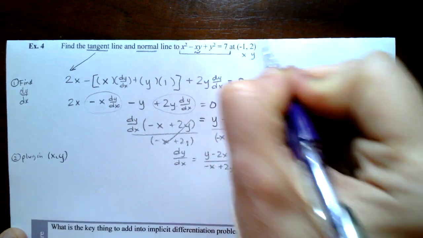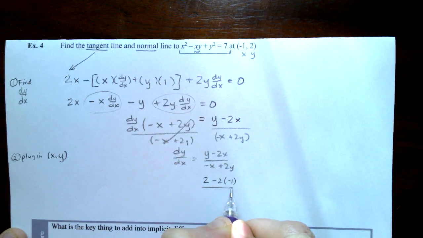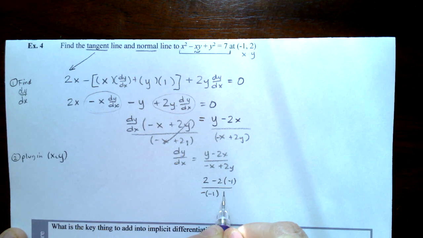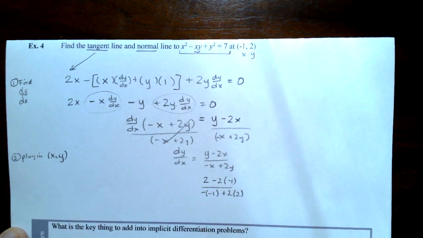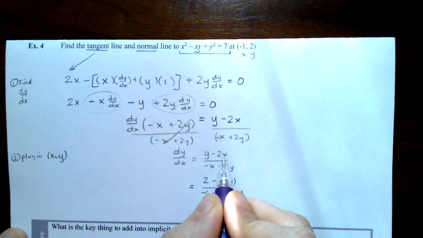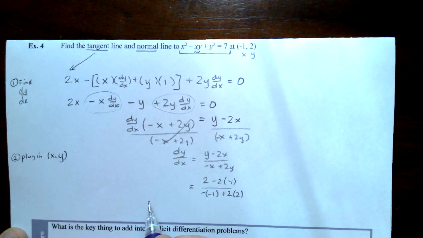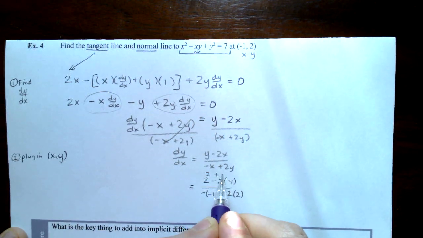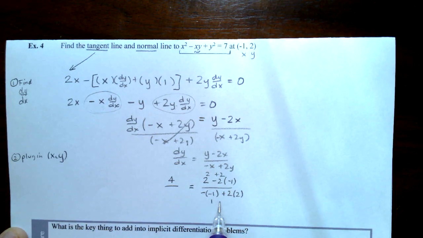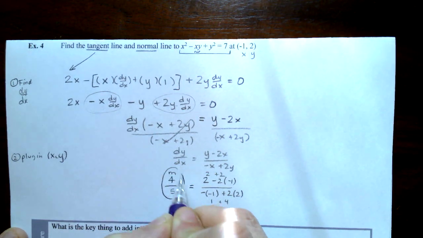This is my x, this is my y, and I'm going to say 2 minus 2 times negative 1, all of which is over negative 1 plus 2 times 2. So I've plugged into here my x and y values. So I end up with 2 plus 2 up top, which is a 4, over 1 plus 4, which is 5. This is my m.